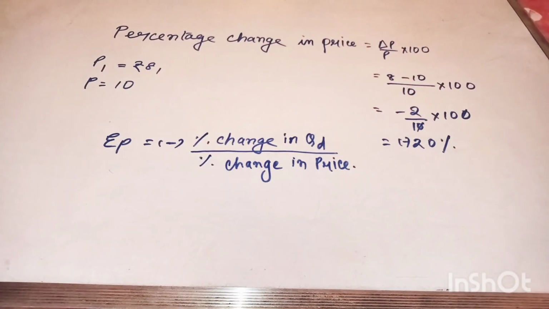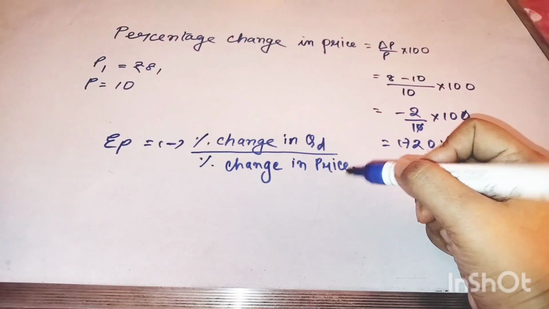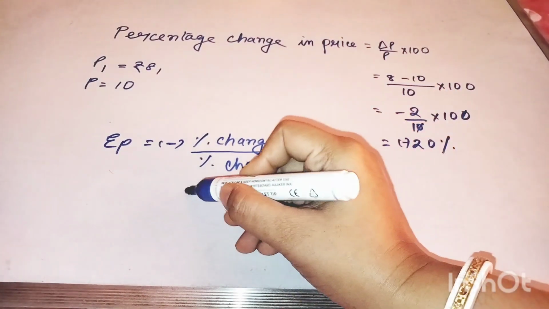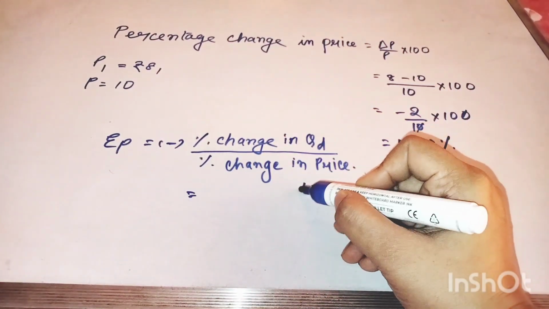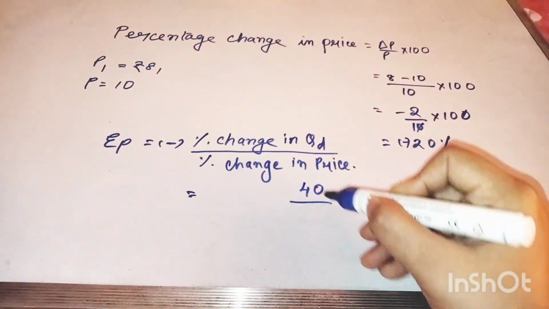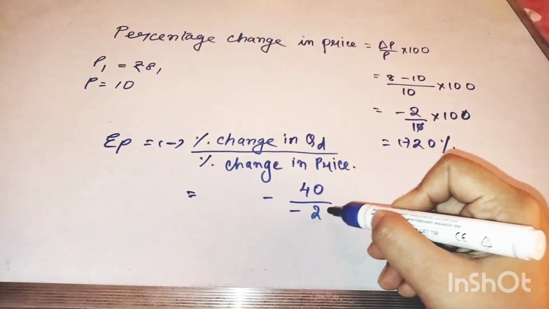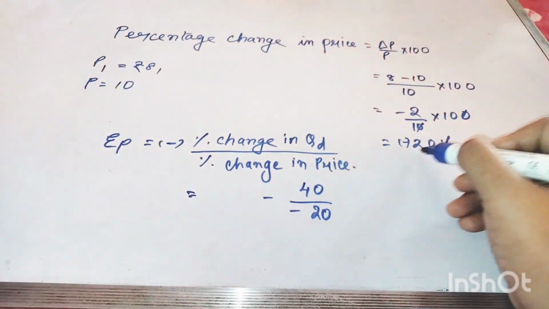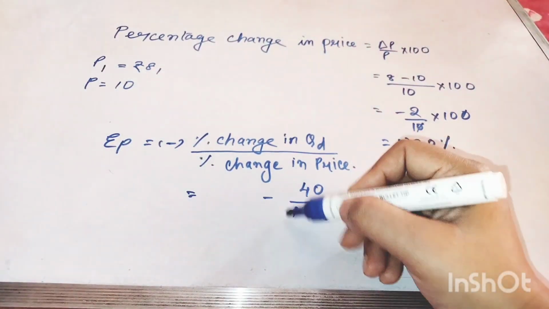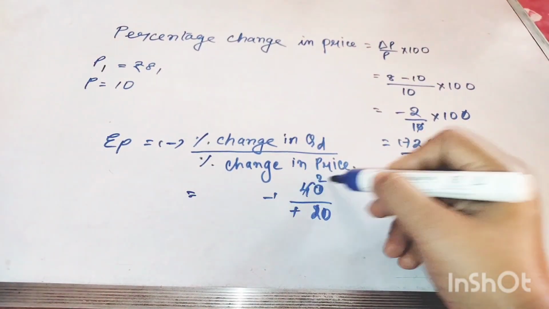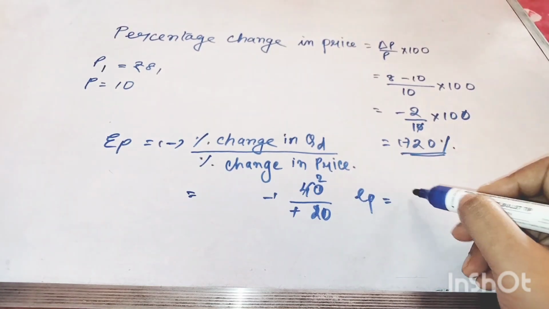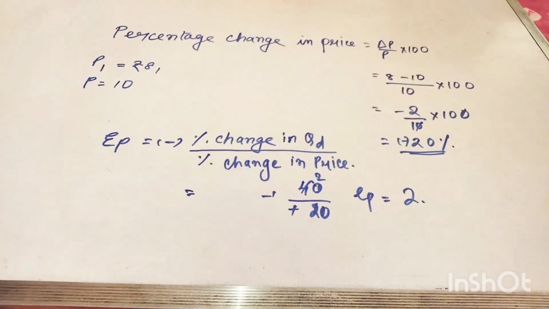It is given in the question 40% more of the quantity. So what is the 40% more of the quantity? The percentage change in quantity demanded is already given. That means equal to 40 by minus 20. Percentage change in the price is given. So here also we are getting EP equal to 2.